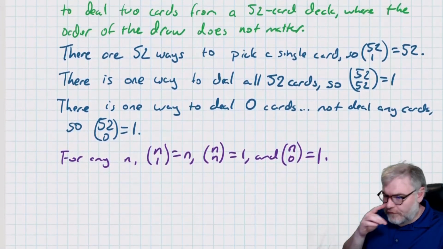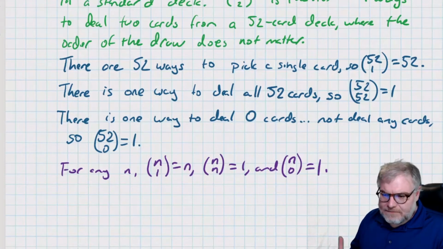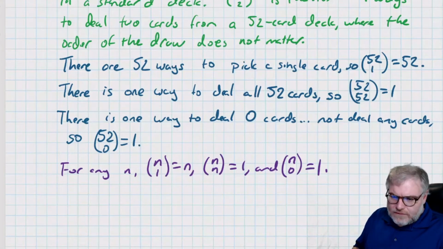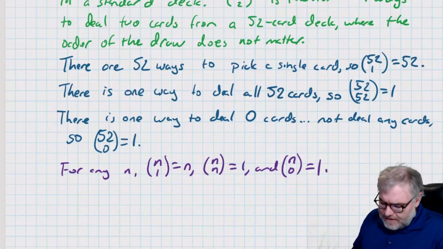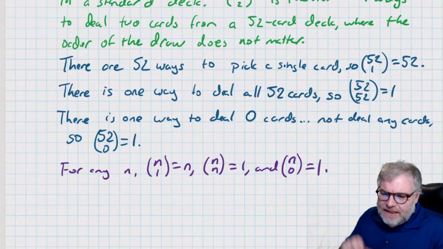All right, another way of thinking about that is there's one subset of the deck of 52 with no items in it, and that's the empty set. So if you're having trouble with this idea of ways to deal cards, think about the fact that the empty set is the only 0 element subset of the deck of cards. Okay, so let's generalize this, and we need 3 things.